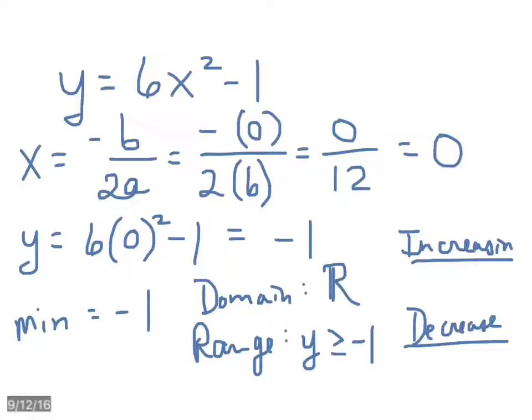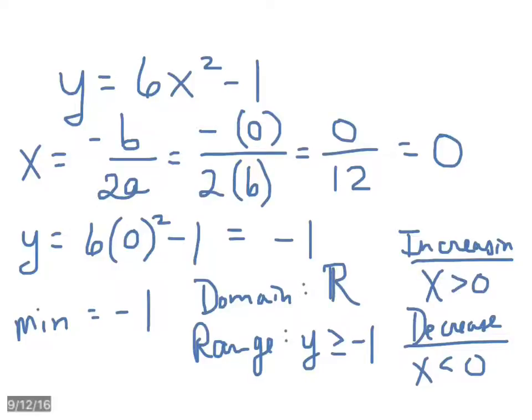Decreasing. Okay. So, wow, that's pretty good. As you're going this way, is this thing going downhill or uphill? Down. So you're decreasing when x is less than 0. And then what happens when we hit this spot? You go up. Then we go up, so then we're increasing when x is greater than 0.